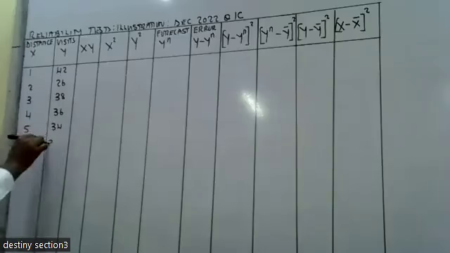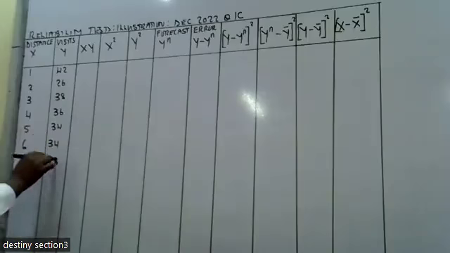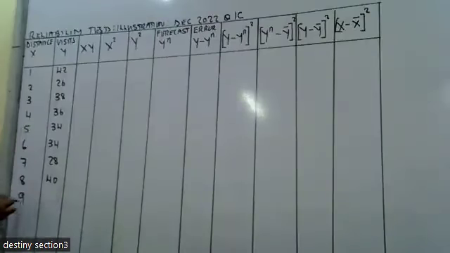I have 6, 34. I have 7, 28. I have 8, 40. I have 9, 20. And I have 10, 22.